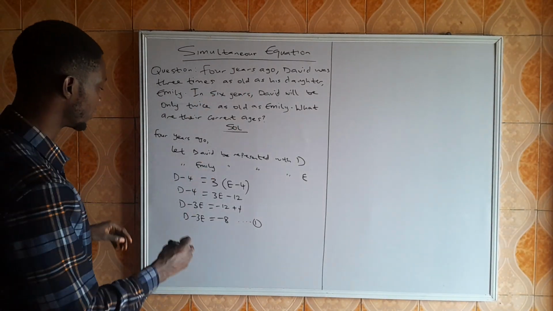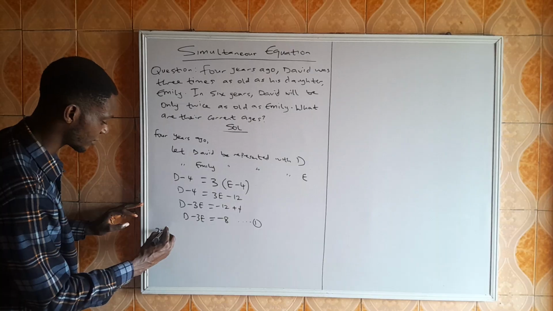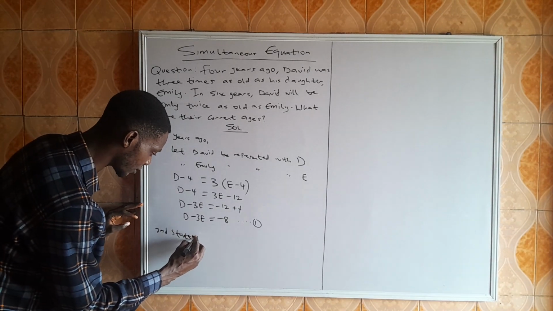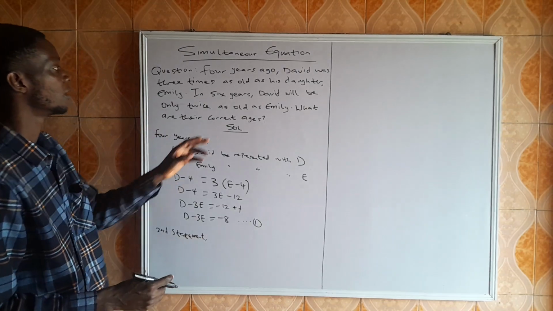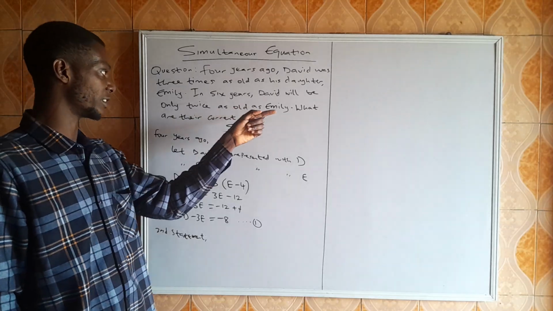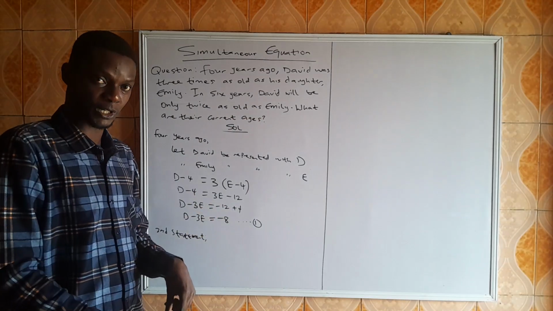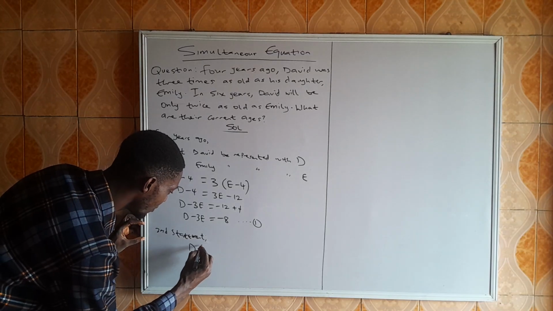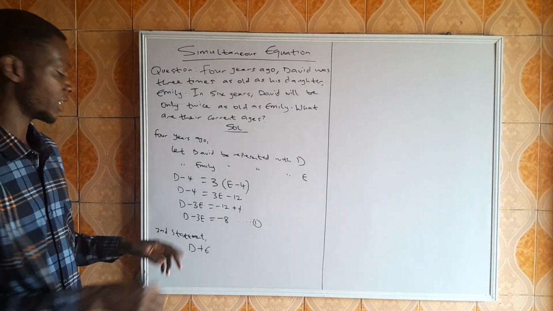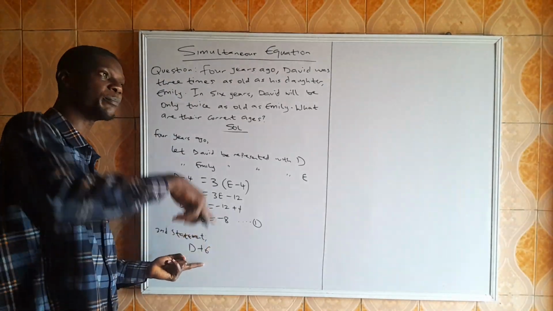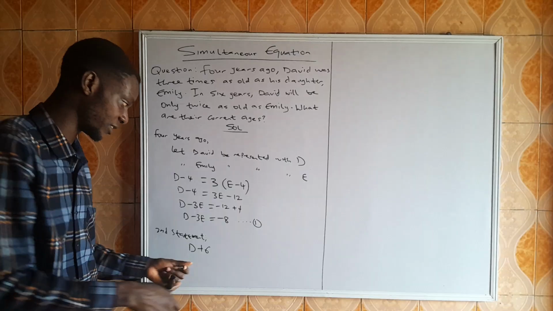And from the second statement: in 6 years, David will be only twice as old as Emily. That means in the next 6 years from now, David will be D plus 6. The current age of David is D, so in the next 6 years, it will be D plus 6.